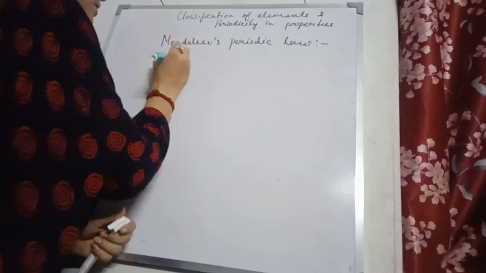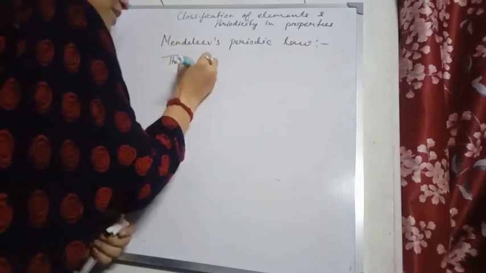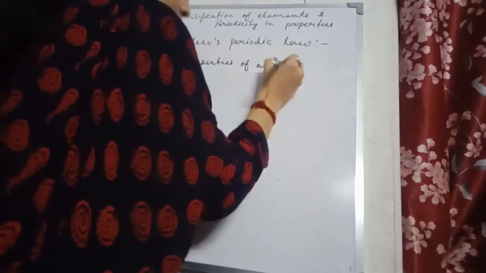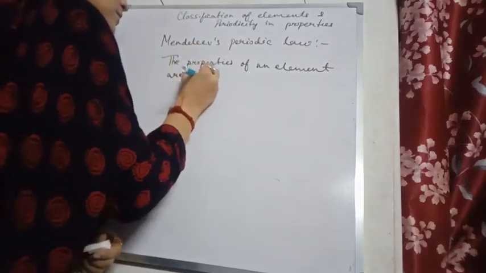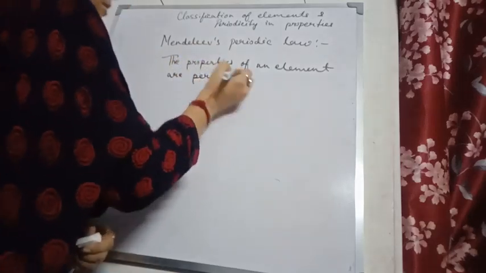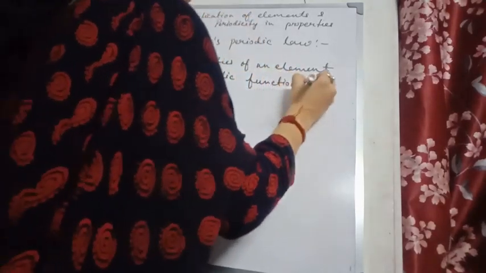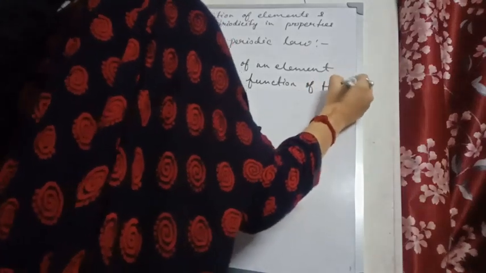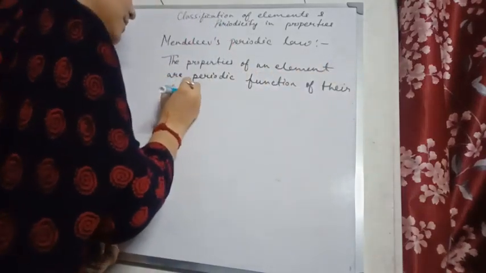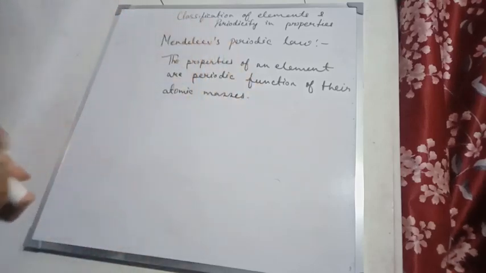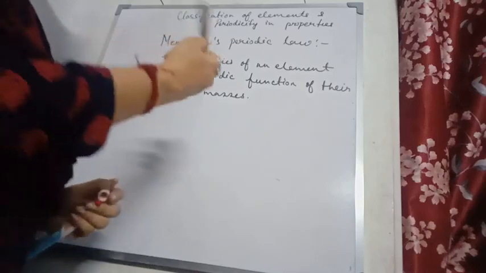According to this, the properties of an element are a periodic function of their atomic masses. Right? So this was the definition given by Mendeleev. He told that the properties of the elements are periodic functions of their atomic masses.